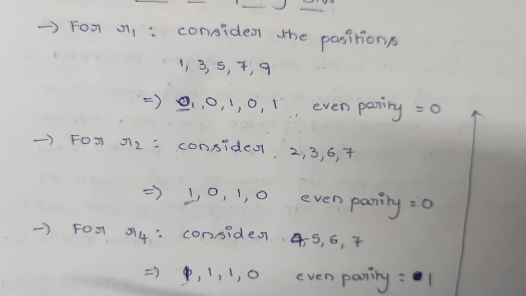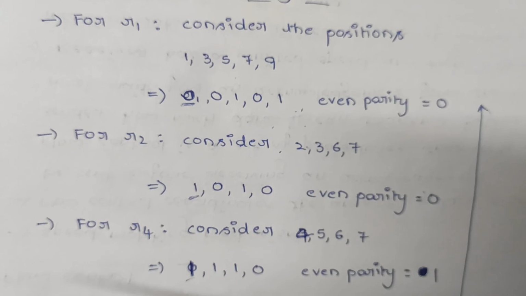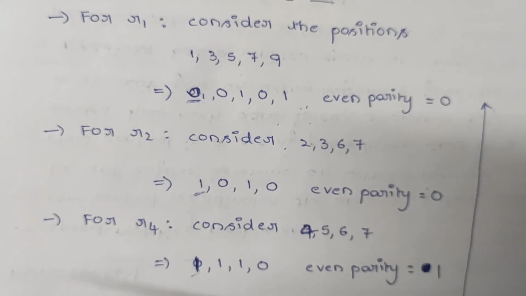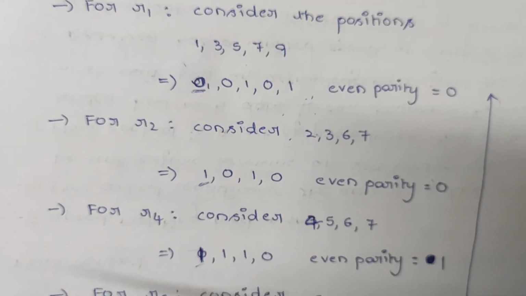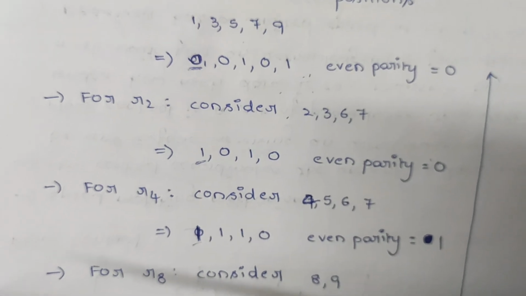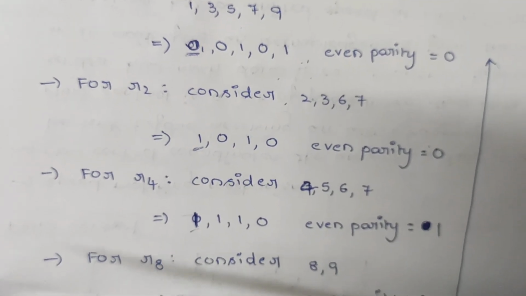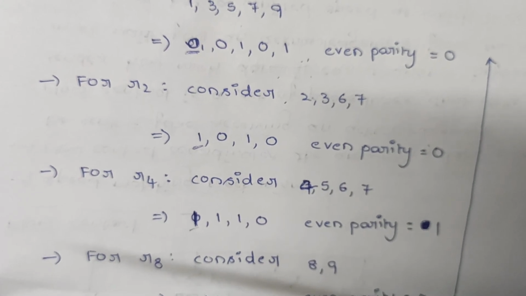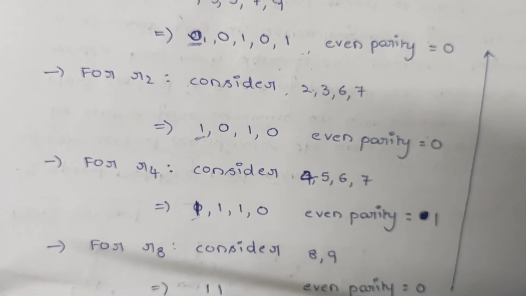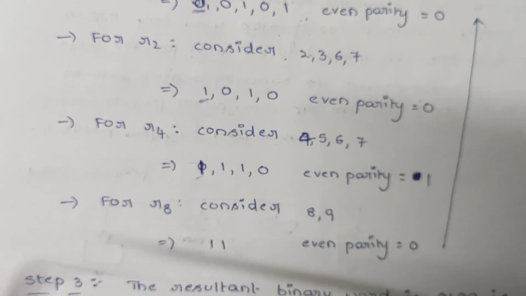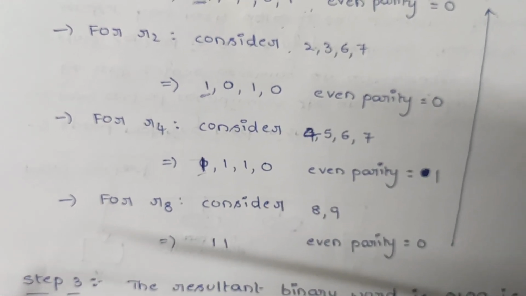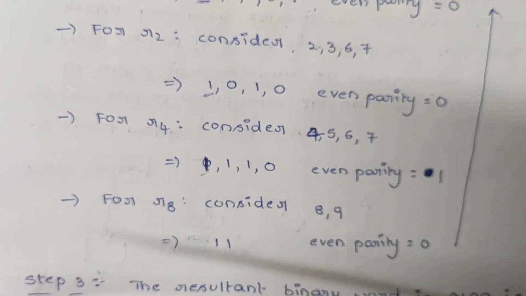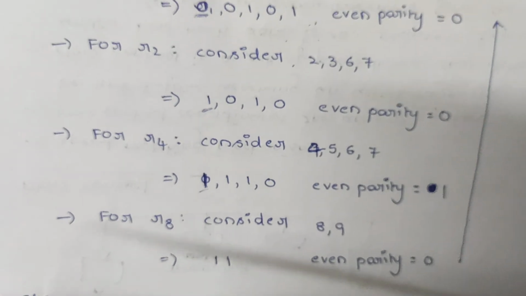From the code word the values are 1, 0, 1, 0, and the even parity value is 0. For R4, consider 4, 5, 6, 7. The code word position values are 1, 1, 1, 0, so the even parity value is 1. For R8, consider positions 8 and 9. The values are 1, 1, so the even parity value is 0.